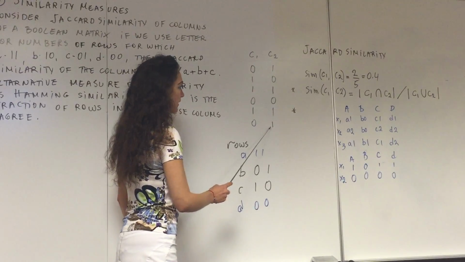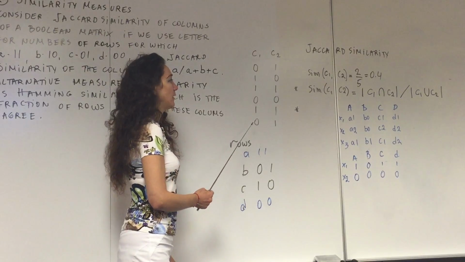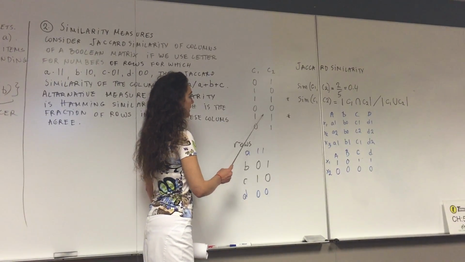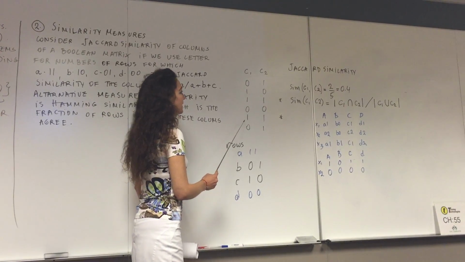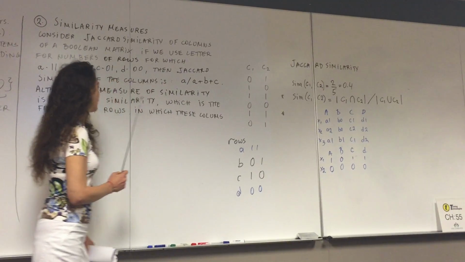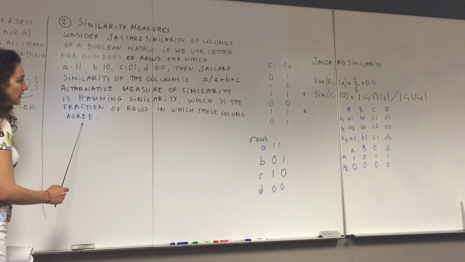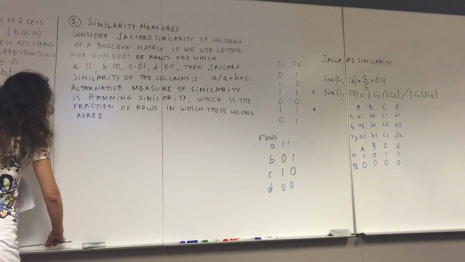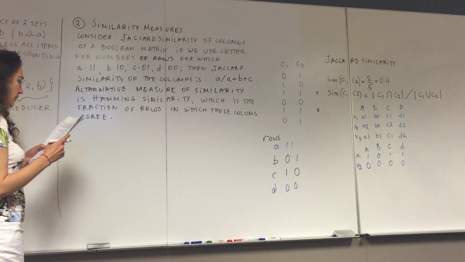The numbers are different. How many out of the total? We have one here, one here, one here. So 3 out of the 5 are the same, or they agree. The fraction on which they agree is 3 out of the 5. That's called Hamming similarity.